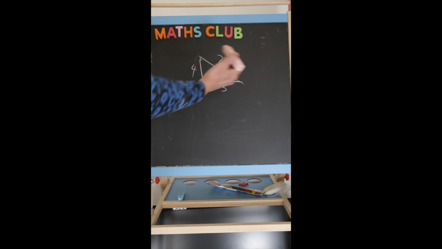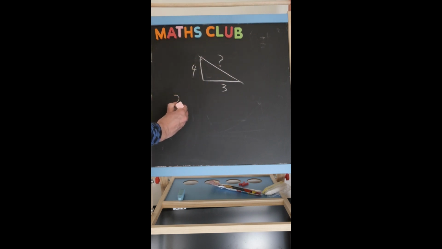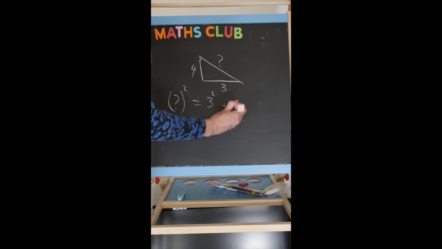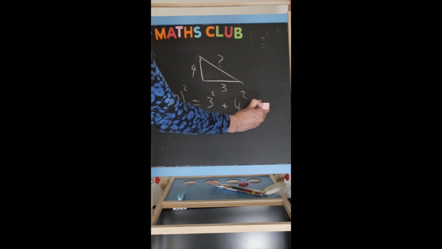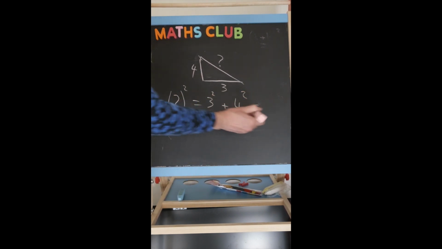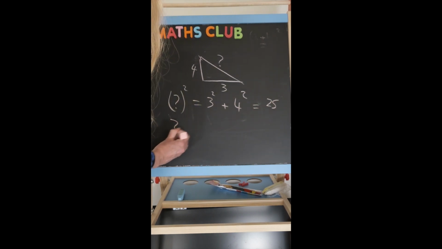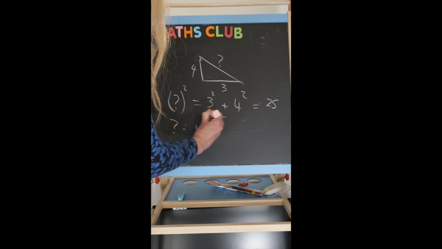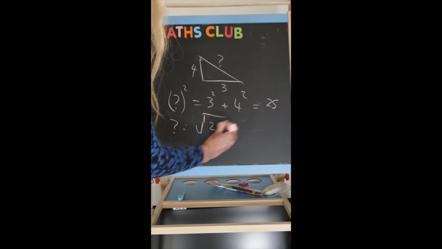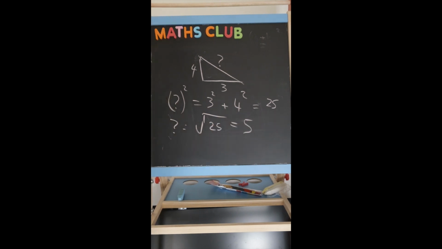So we know from Pythagoras that the unknown squared equals this squared plus this squared. So 3 squared plus 4 squared. Well, that's 9 plus 16, which is 25, and the question mark is the square root of 25, which equals 5. So that's a good example because you can square root 25 in your head without getting the calculator out.